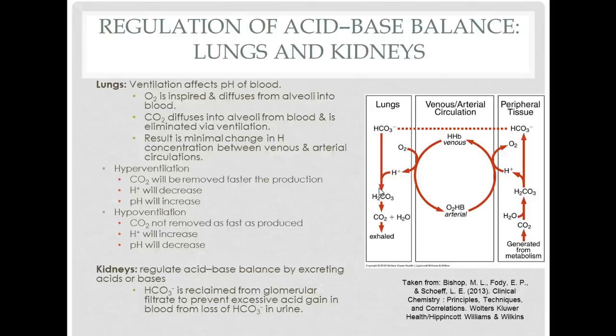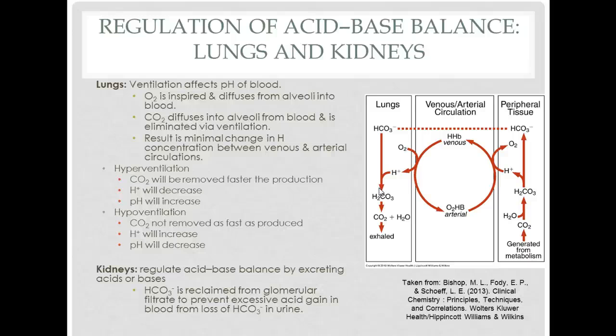So we can control the amount of CO2, which is acidic, via hyperventilation or hypoventilation in order to increase or decrease the pH. On the same token, the kidneys can regulate acid base by excreting bicarb. It can either have you urinate out more bicarb, or it can maintain more bicarb to help bring that pH up or down.